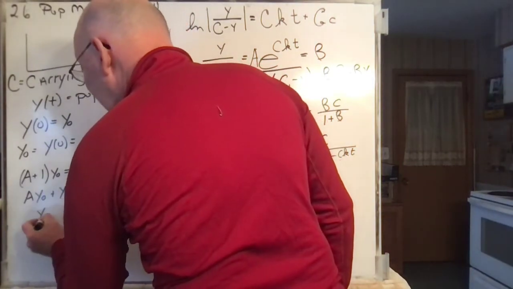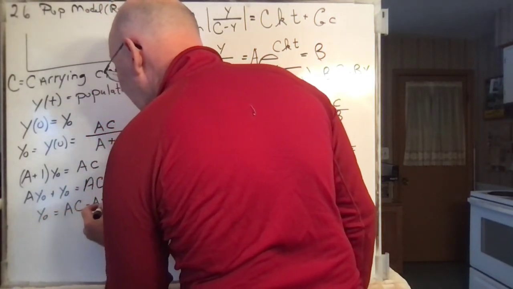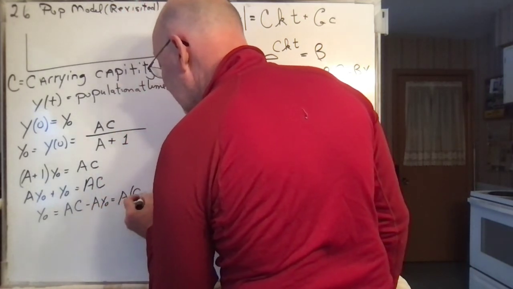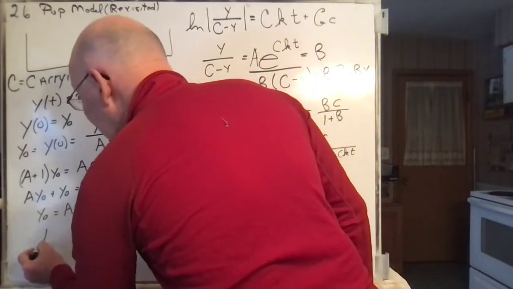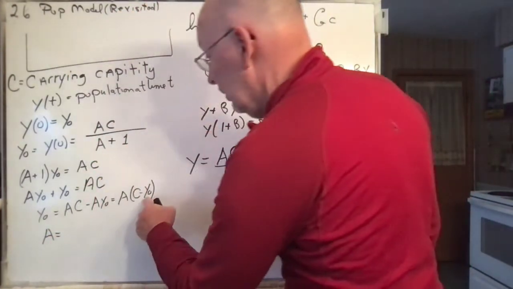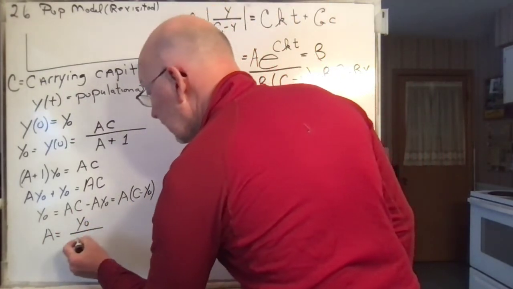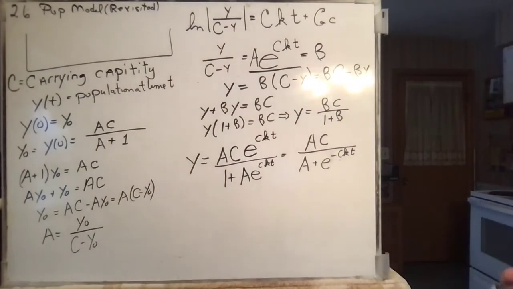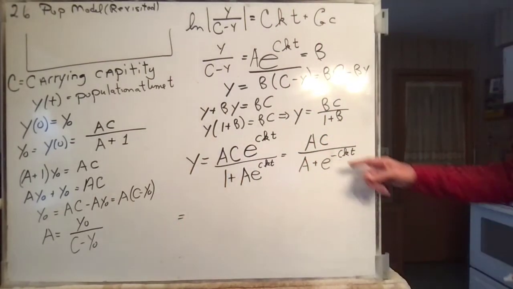You're going to get y naught is equal to AC minus A y naught, which is equal to A times C minus y naught. And finally, A is equal to y naught divided by C minus y naught. So there's your A.